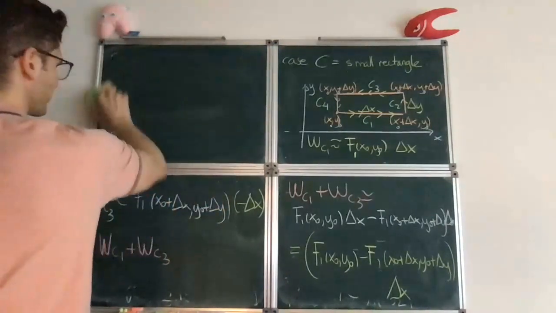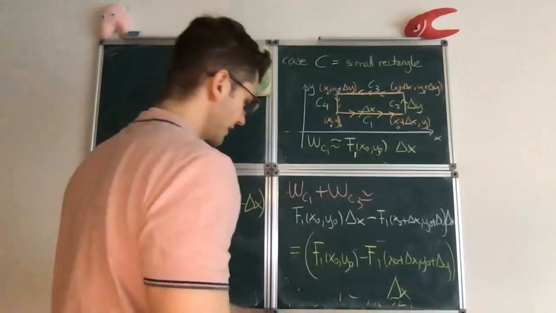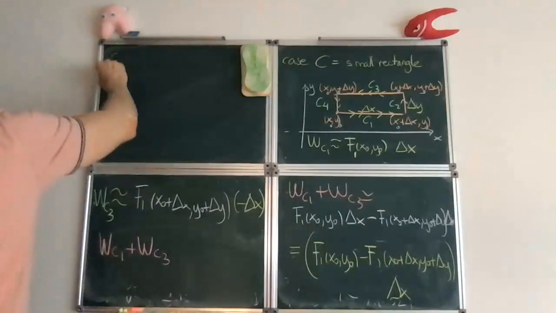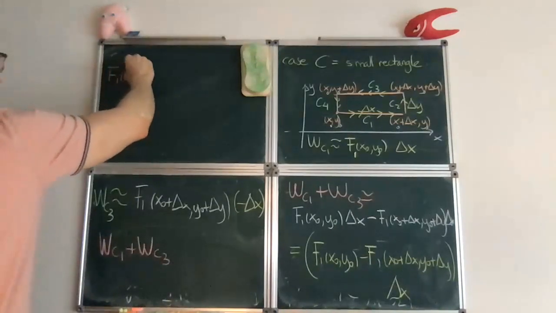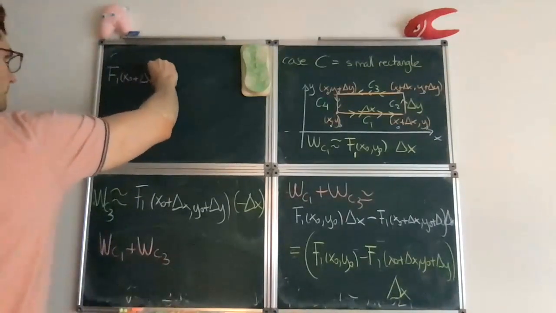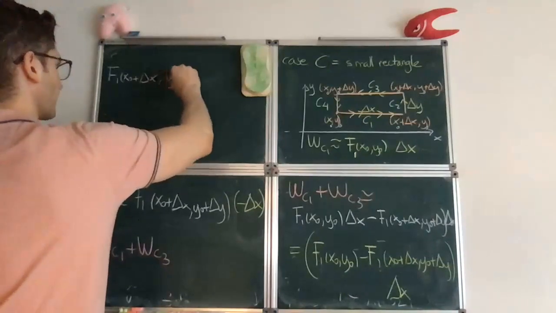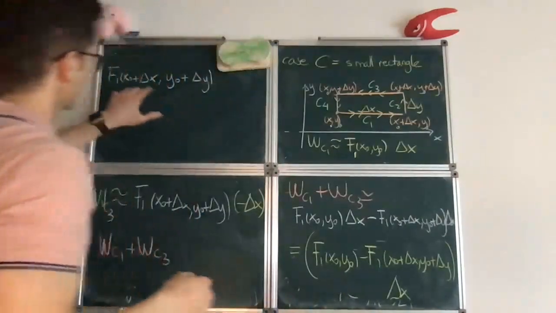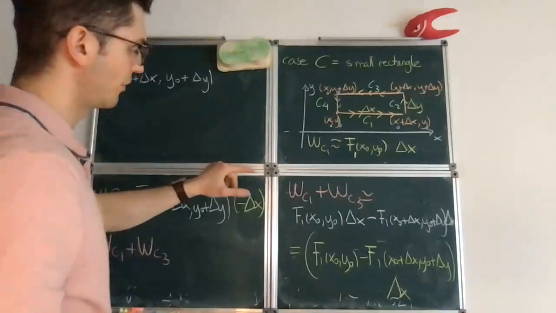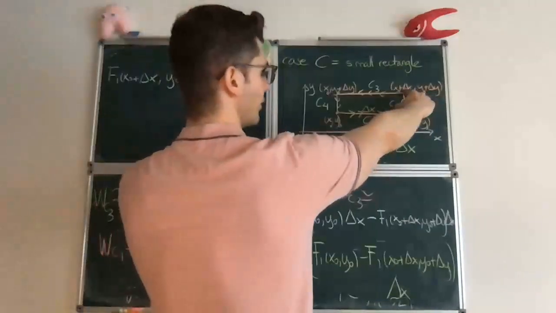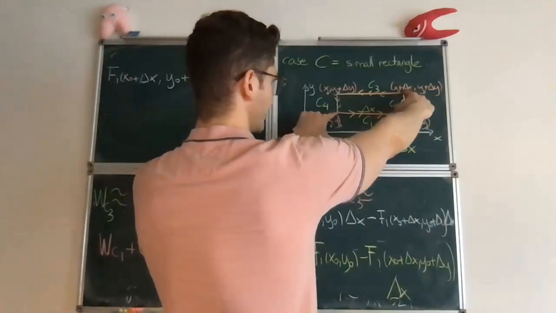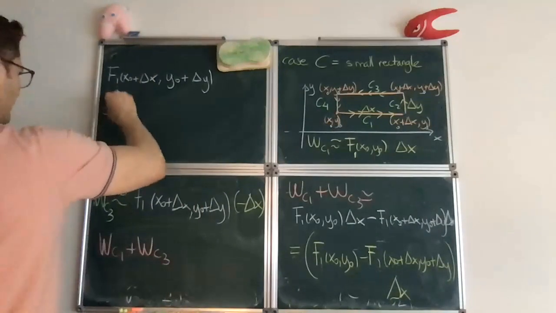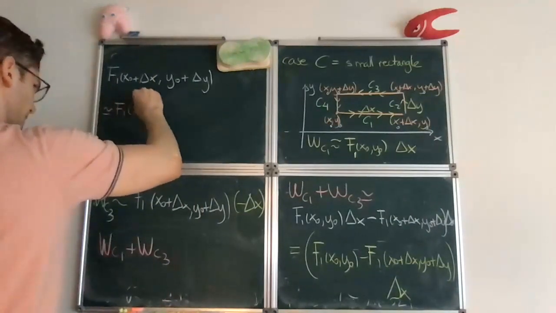If you remember, I mentioned Taylor's theorem once during class, but what it said is the following. If you want to understand the value of a function at some point in terms of another point, right? So here I'm comparing the value of this function at this corner versus that corner, then it's just approximated by the value of the function at the point you care about.